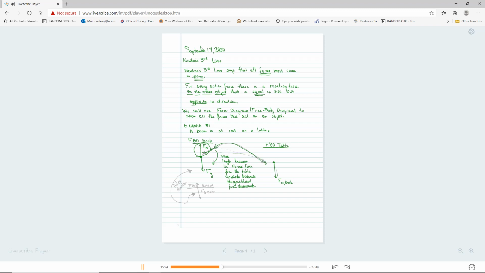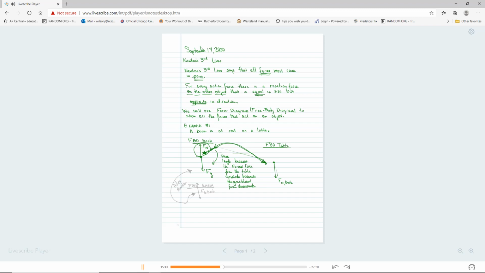These two forces are an action-reaction pair. Those two forces are an action-reaction pair.